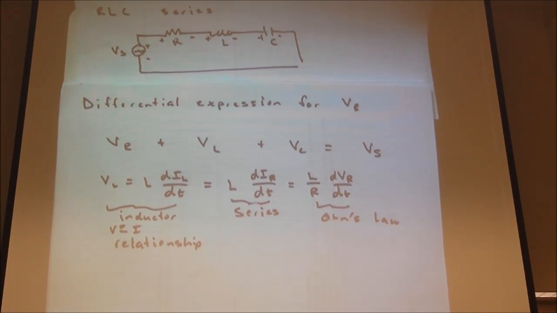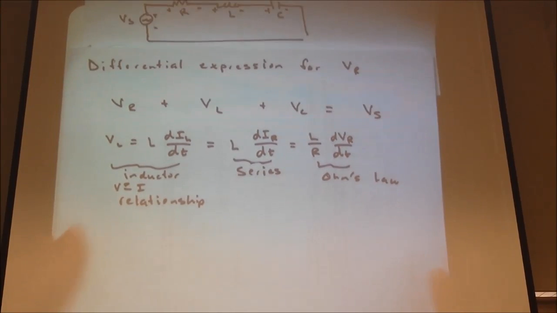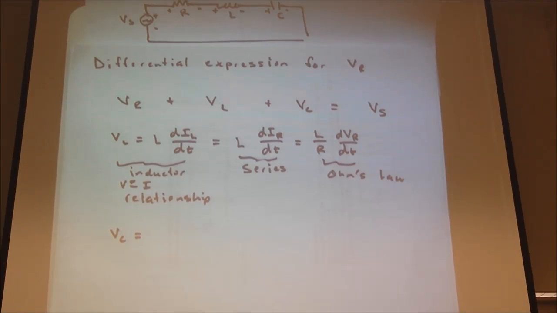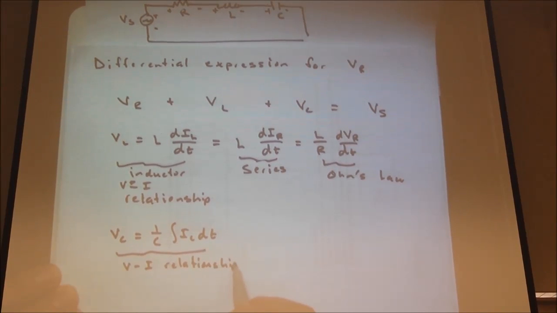And likewise, we can look at VC. Well, VC, a slightly different approach, but VC is 1 over C integral IC dt, right? That was just the integral relationship. So this is still a VI relationship, in this case in the integral form, for a capacitor.